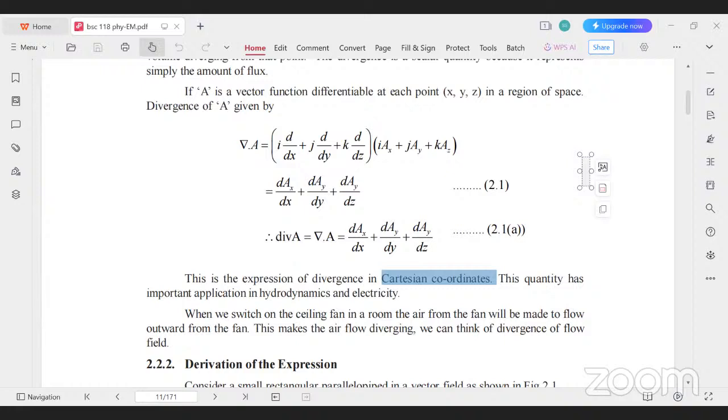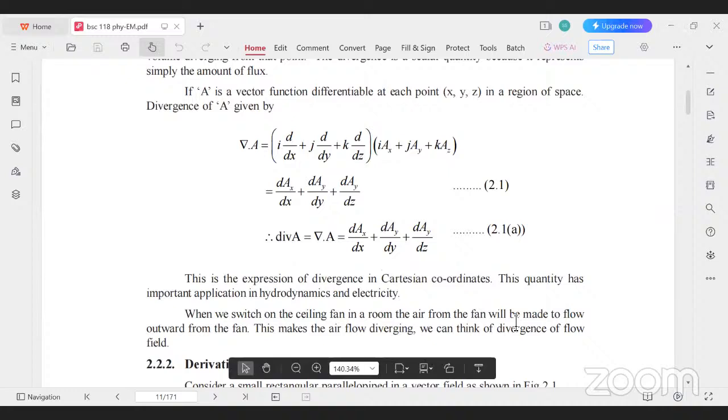When y is 1, x and z will be 0. When z is 1, x and y will be 0 and z will be 1. That is nothing but Cartesian coordinates. I can write Cartesian coordinates for the whole flow of the electrons, for the x-axis, y-axis, and z-axis. Is that clear? Understood?